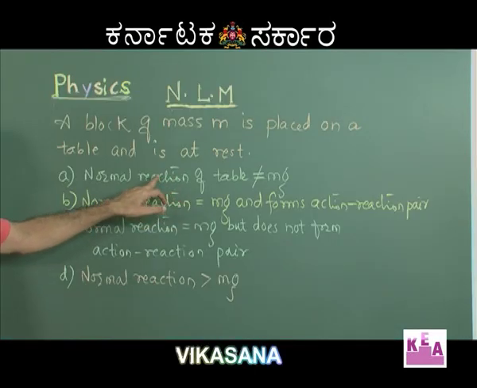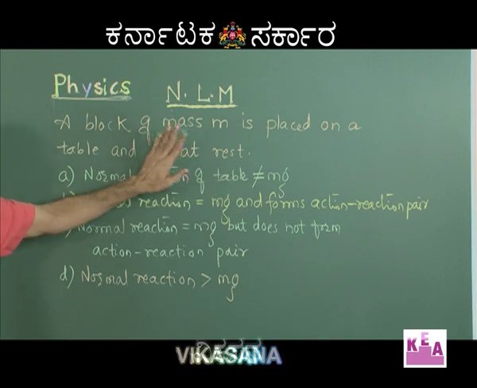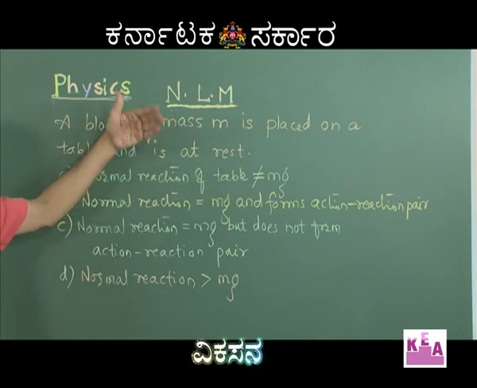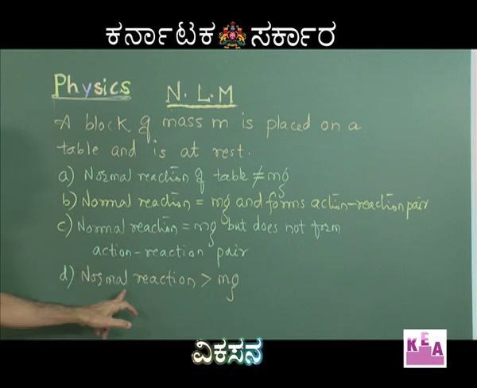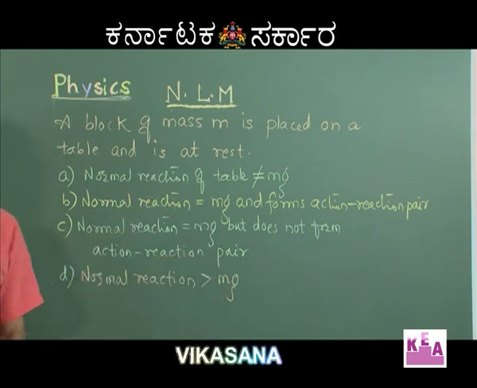See, there is a small difference between this option and this option. Here he says it is just not equal to mg, means there is a choice for becoming more than mg also and less than mg also, but here he appears to be pretty sure that it is greater than mg.